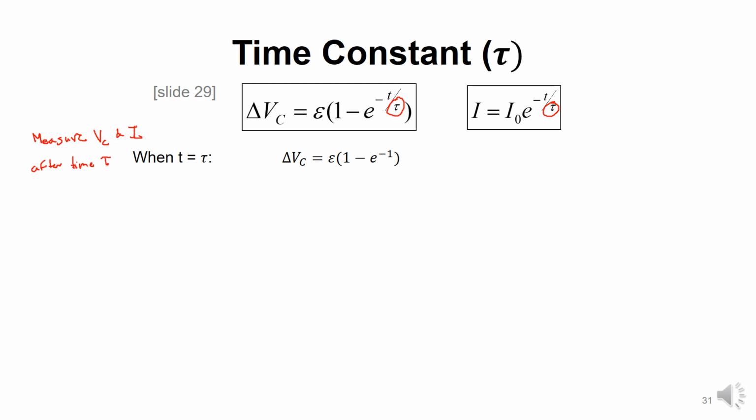So remember, tau has units of seconds. So tau does represent a time quantity. Now we are measuring the voltage and the current in the system after a time of tau. Whatever tau is for the circuit, we measure the current and the voltage after that much time. So we can set time t equals tau.